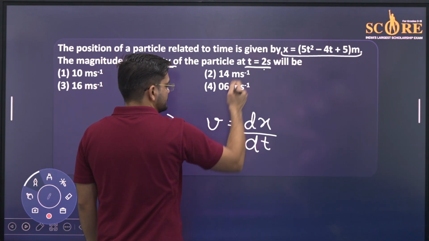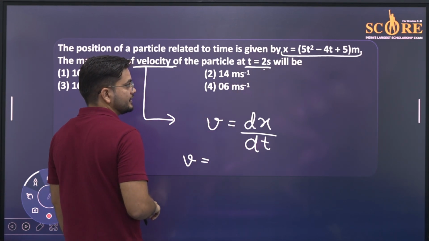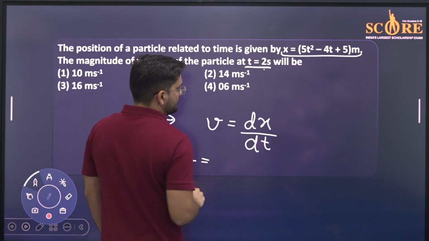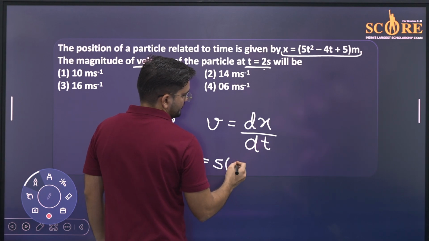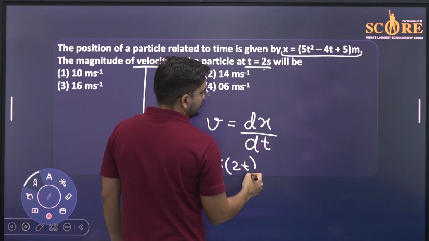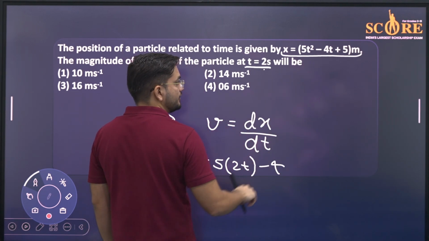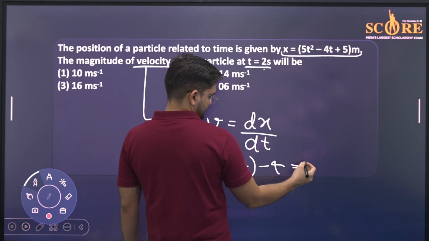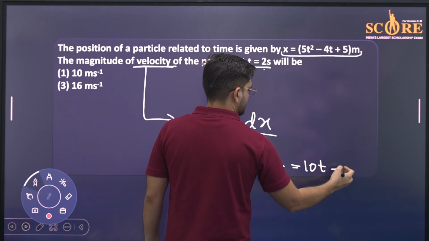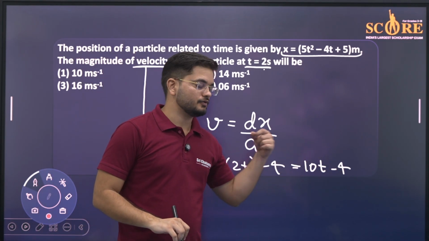So if we differentiate x with respect to time t, then what will be the result? The differentiation of 5t square is 10t, minus 4, the differentiation of t is 1, and the differentiation of 5 is 0. So velocity is 10t minus 4.